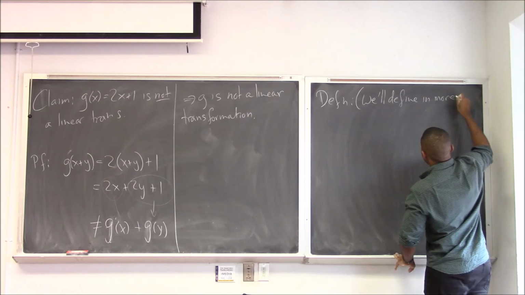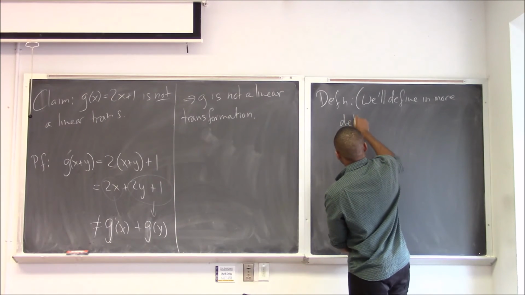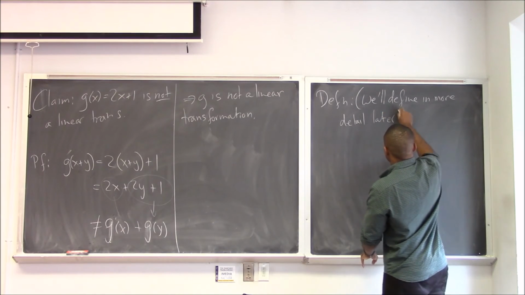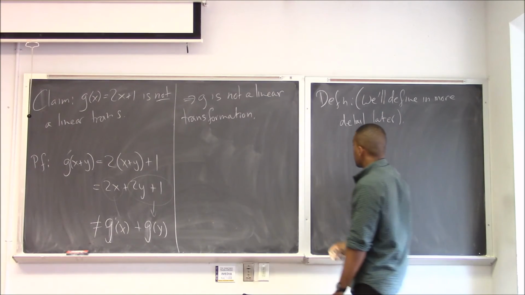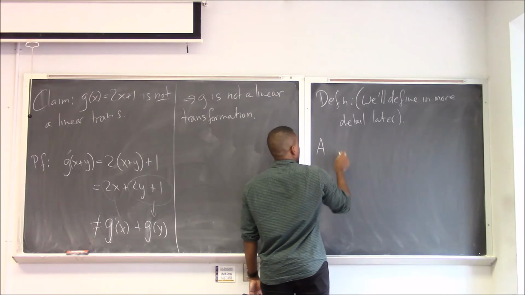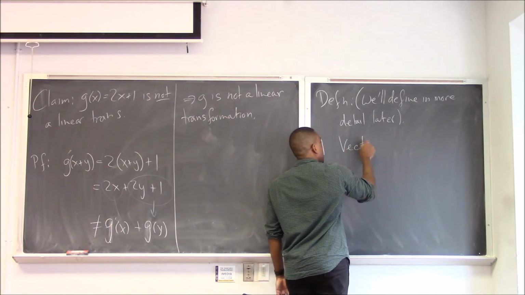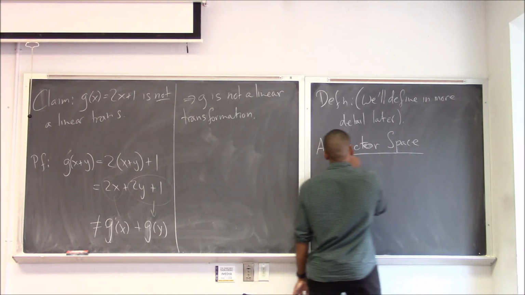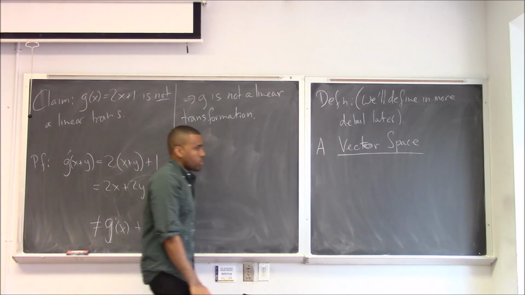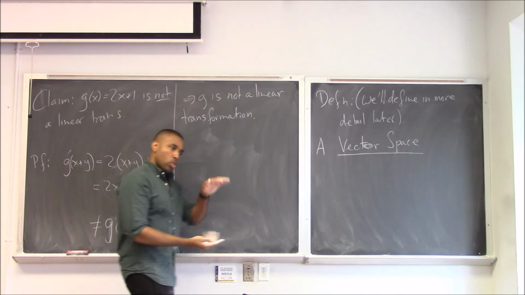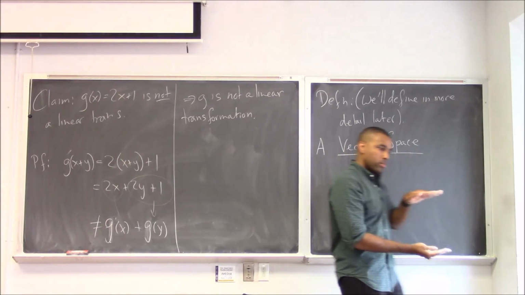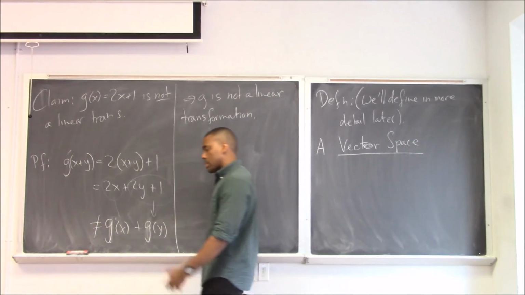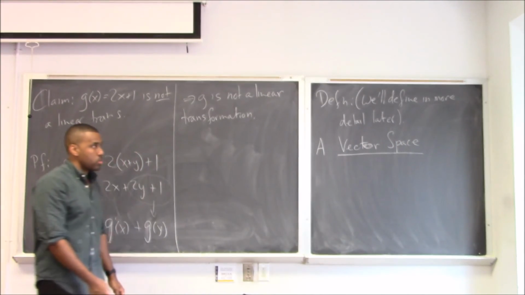I'm just going to give you some basic ideas. What we call a vector space. You'll notice that in the syllabus there's a whole section of topics that falls under vector spaces. So I'm going to tell you what a vector space is, and we'll come back to it in detail when we go to chapter 4.